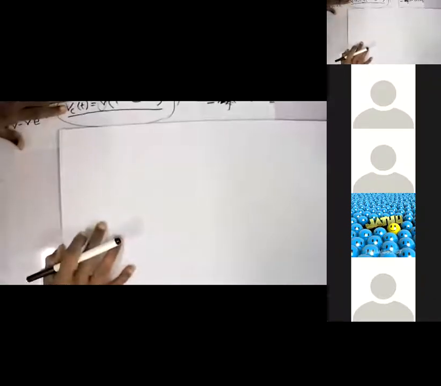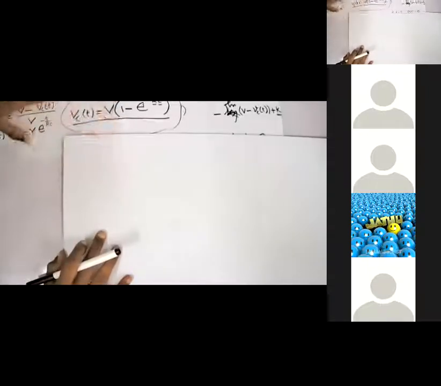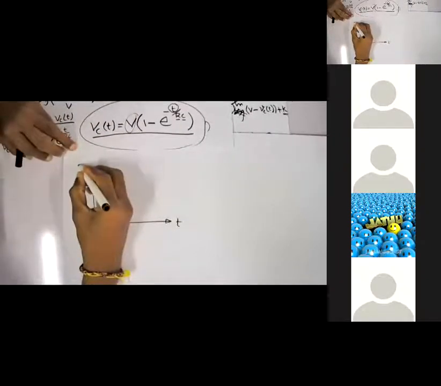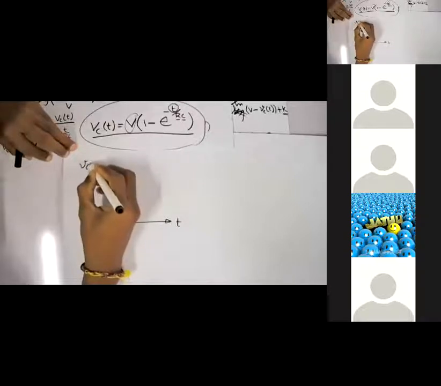Shall we draw the graph of this equation, Vc of t equals V into 1 minus e to the power minus t by RC? So let me draw the graph, with t on one axis and Vc of t on the other.